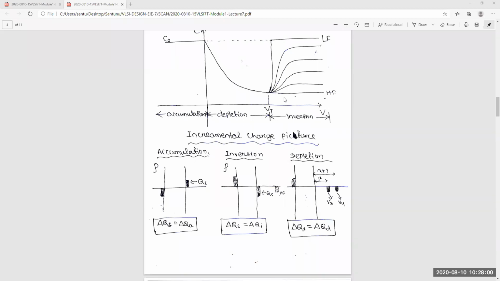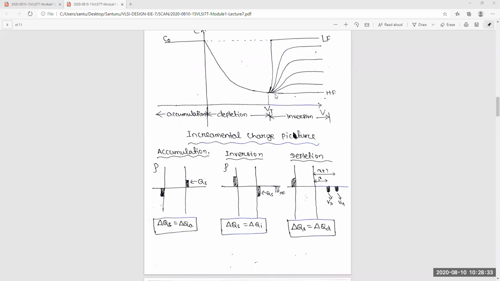Whatever incremental charge increases at the gate terminal, that charge will not come from the depletion charge. That will come from your mobile charges. So that's why it is constant, because the depletion region distance will saturate. It will not go beyond that value.